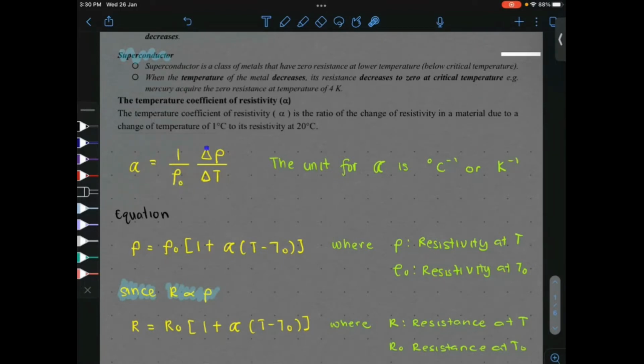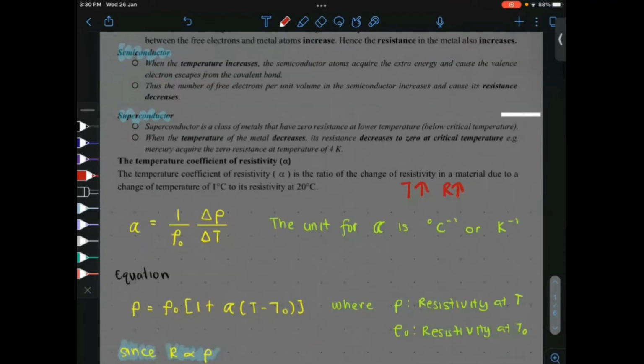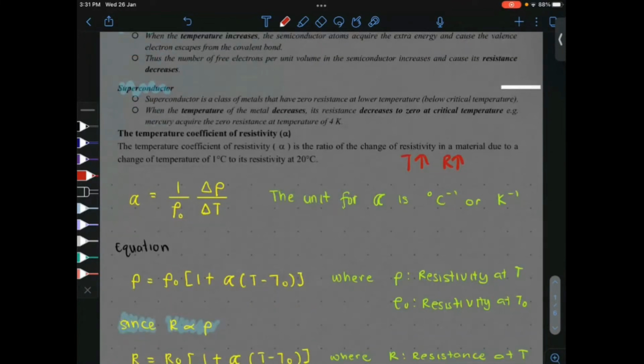And then ini adalah change in the resistivity. So as your temperature is going to increase, resistance berubah. Okay, temperature increase, resistance berubah. Kenapa? We have already looked at it based on these two sentences dekat atas ni, kita dah faham. Okay, and then according to the equation, resistivity sama dengan RA over L.